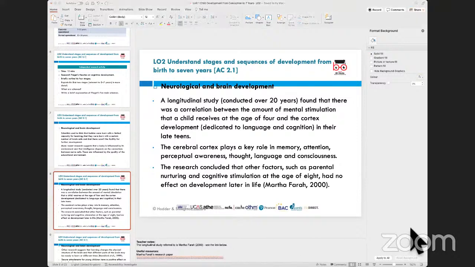And this particular study found that there is a correlation between the mental stimulation that the child receives at the age of 4 and the development of the cortex, which is the development of the brain, the two halves of the brain, in terms of language and cognition later on, as the child grows up from being a toddler, through adolescence, and then becomes an adult.